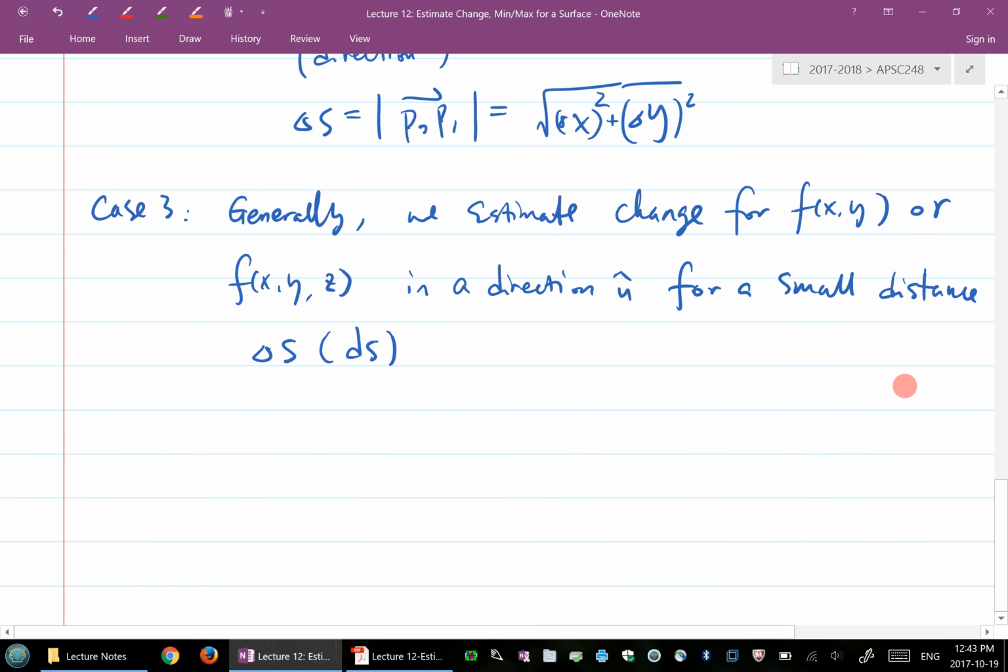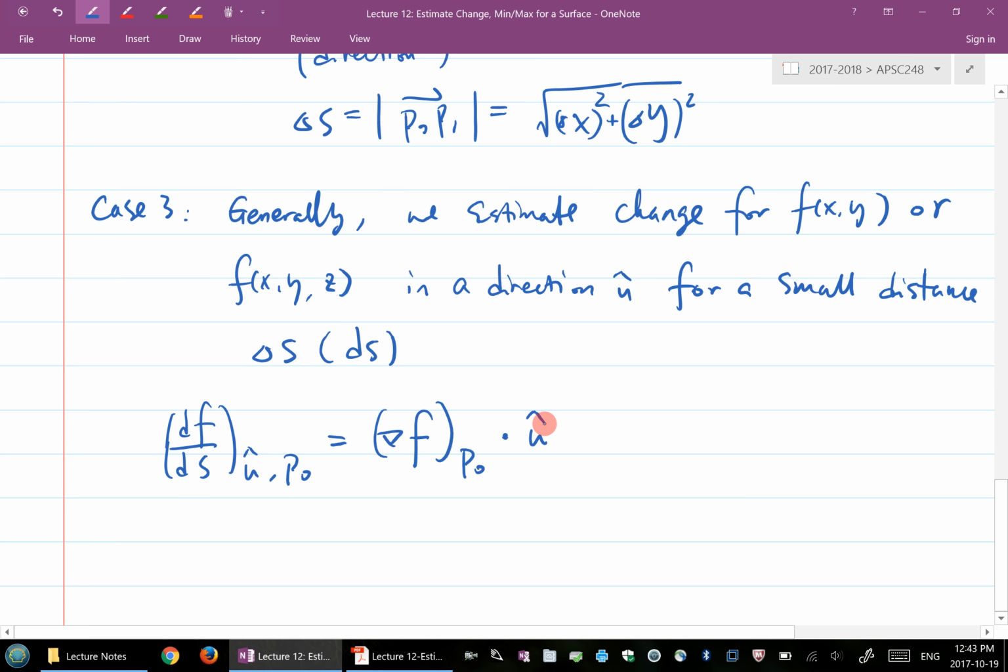So for the general case, what would be the formula for estimating the change in the function f? The formula comes directly from the directional derivative formula. If you recall, as we just wrote down, df over ds in the u hat direction at a certain location p naught equals the gradient at p naught dotted with u hat.